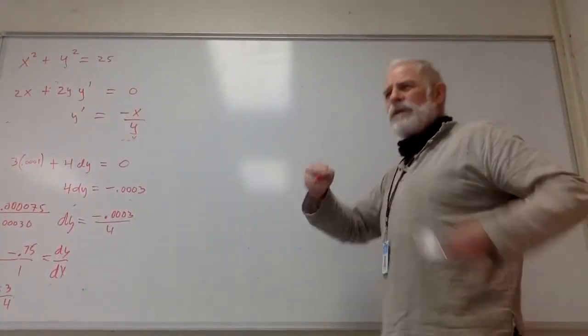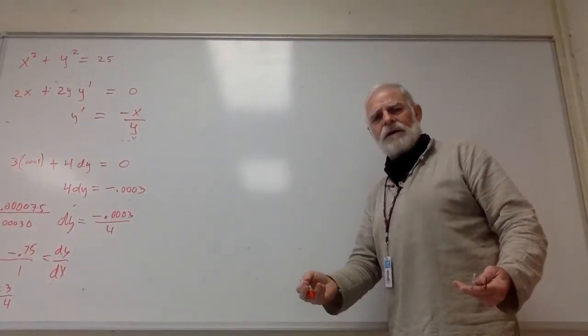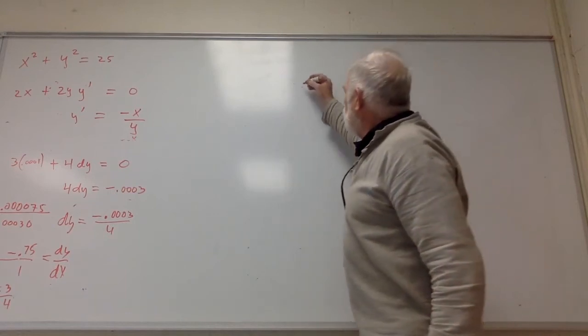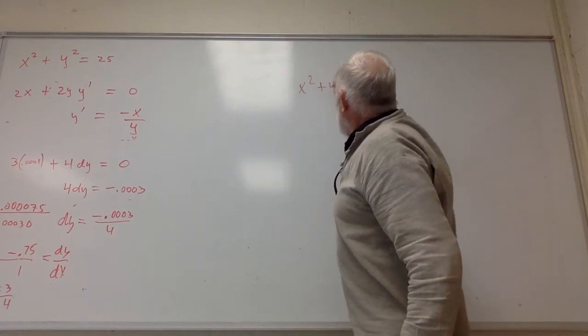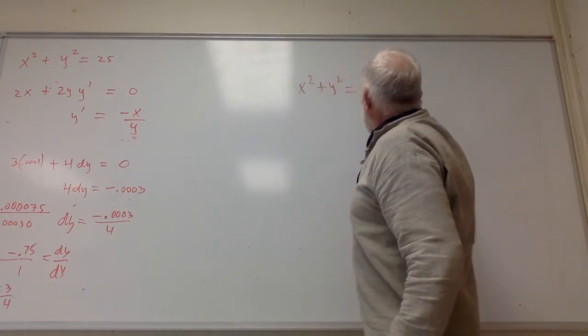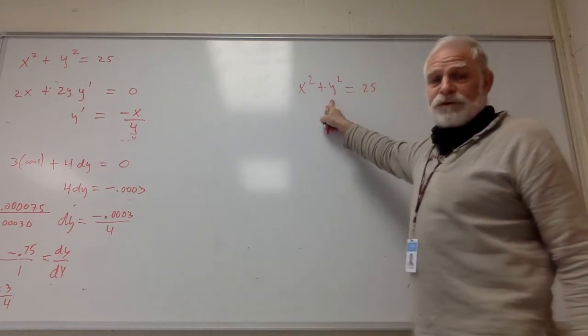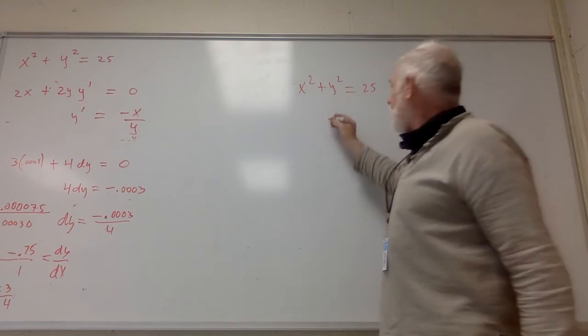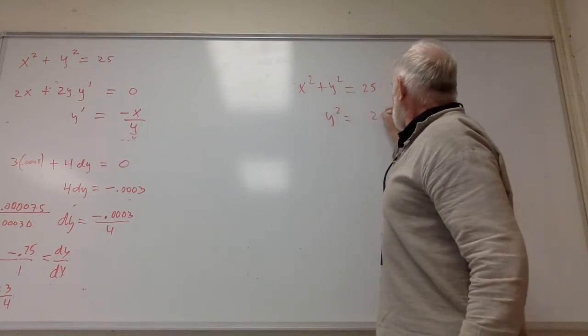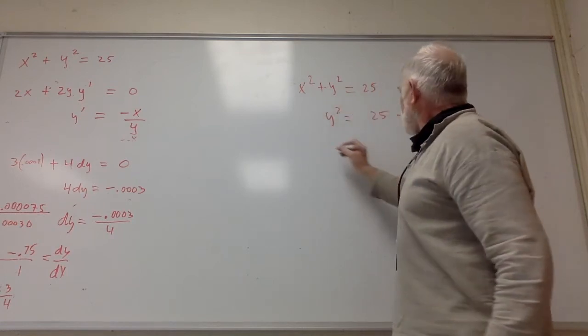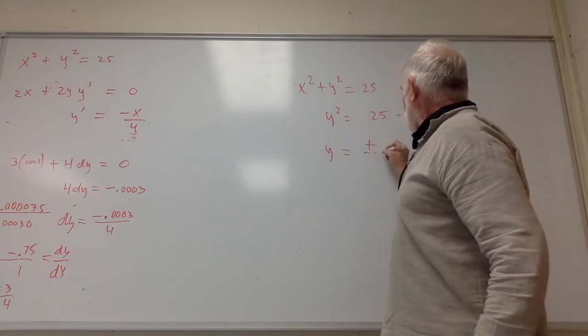Before computers and calculators got stronger, when we wanted to graph using the early TI calculators that came out, we would look at x squared plus y squared equals 25. If we wanted to graph this on the calculators, we had to write this as functions. So I'm going to solve for y right now. y squared equals 25 minus x squared, and y is equal to plus or minus the square root of 25 minus x squared.